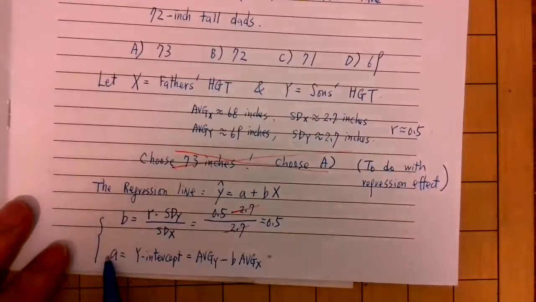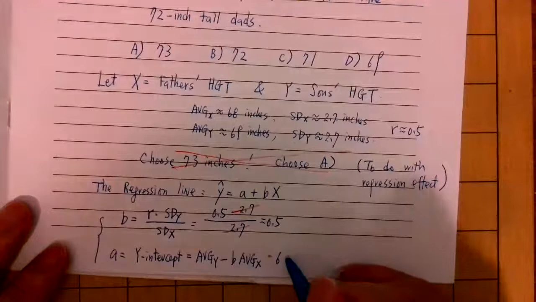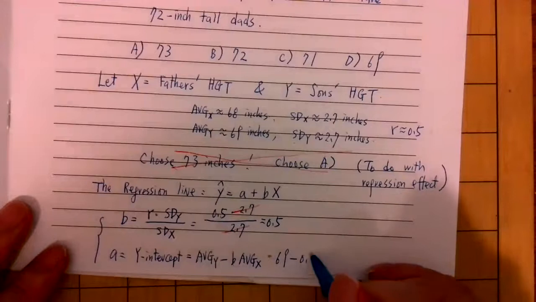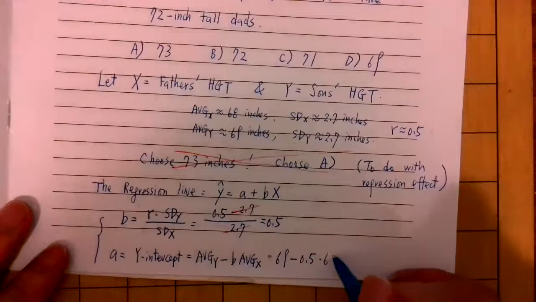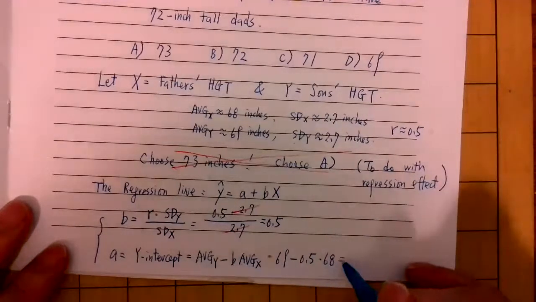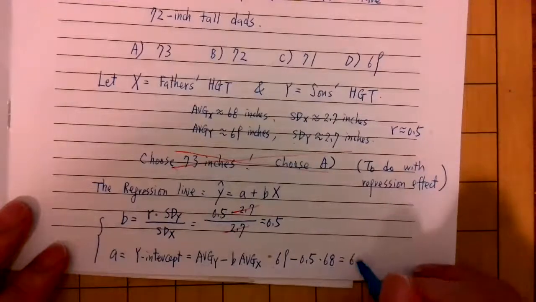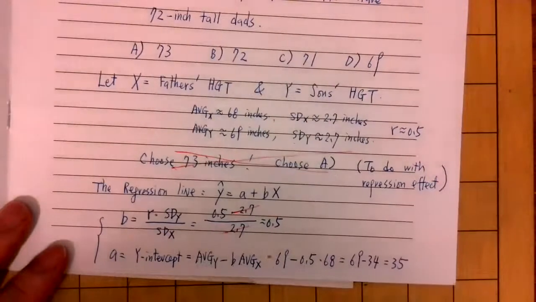And the y-intercept is average Y minus B times average X: 69 minus 0.5 times 68. 0.5 times 68 is 34, so it's 69 minus 34, which gives 35.